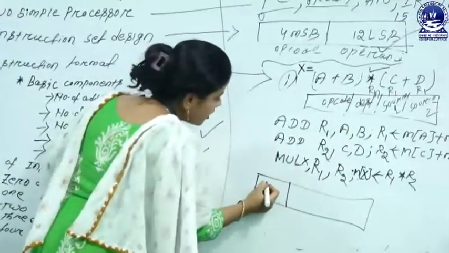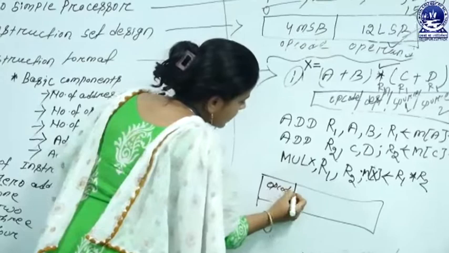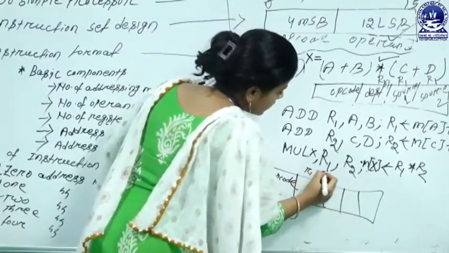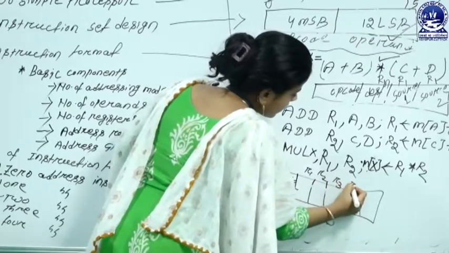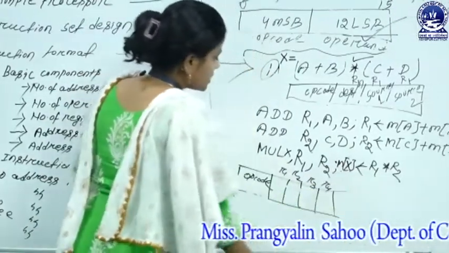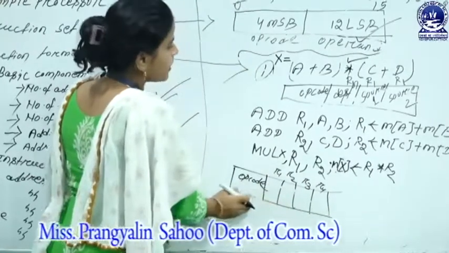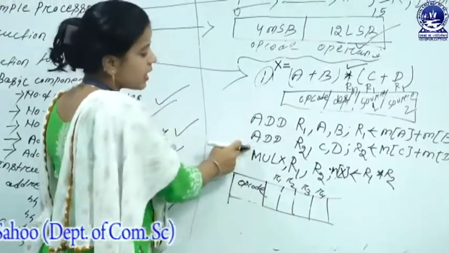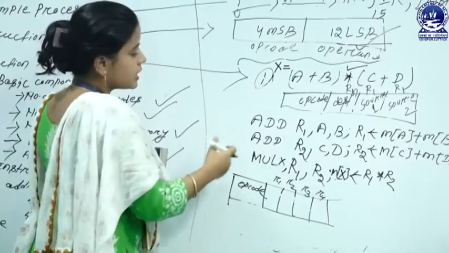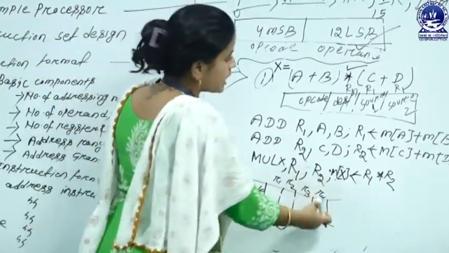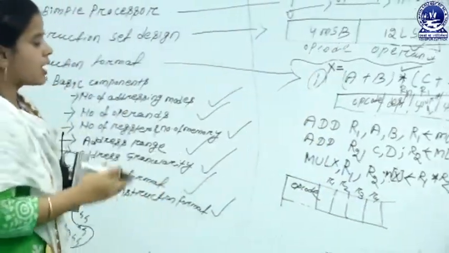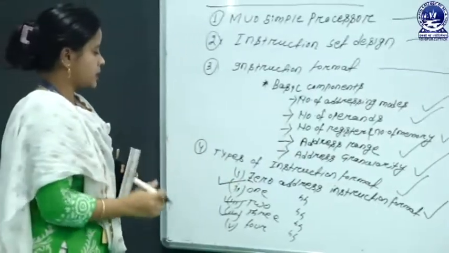That means here 1 opcode space and 4 address spaces, that's R1, R2, R3, R4. It is executed initially by using your 3 address concept. After that, whatever the resultant outcomes are generated, then it is executed by using the next term with the help of the 2 address instruction format as shown.